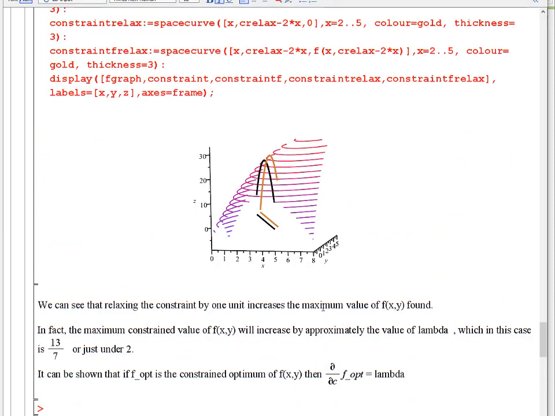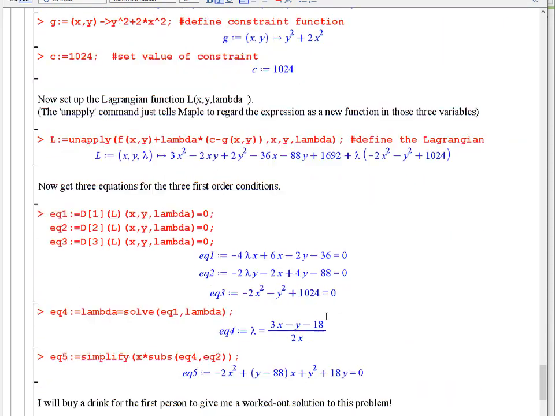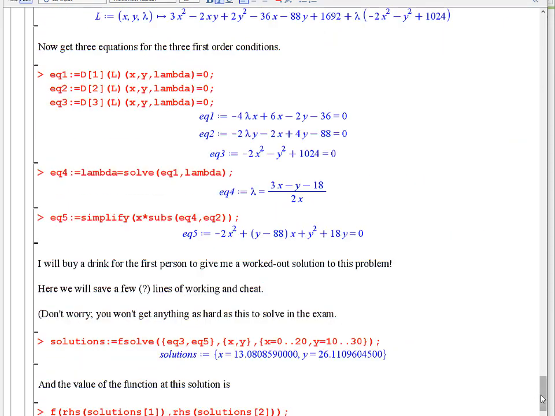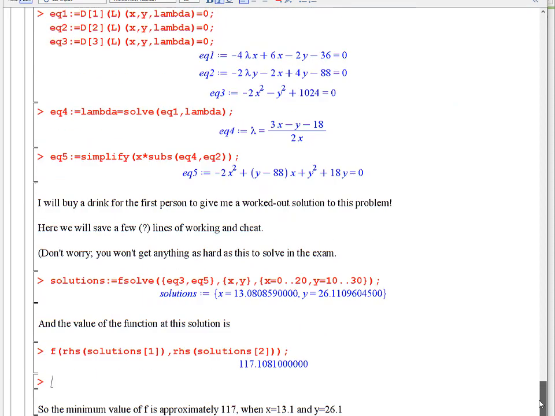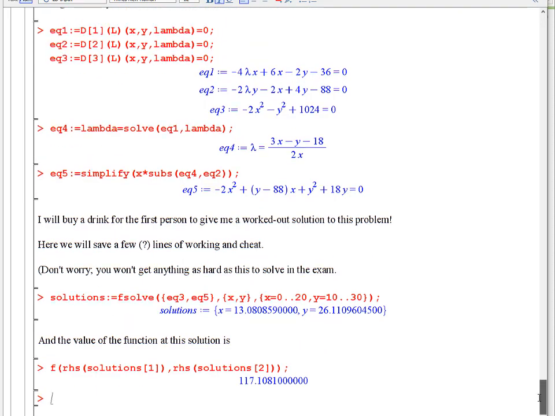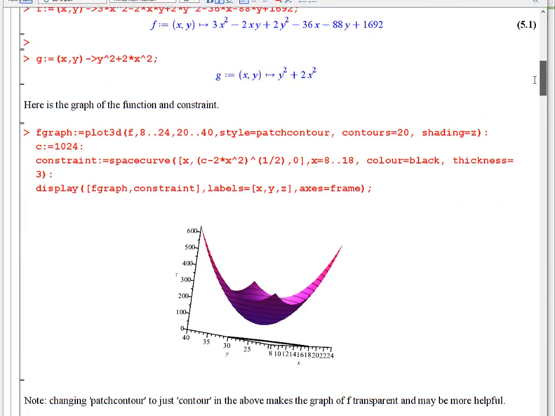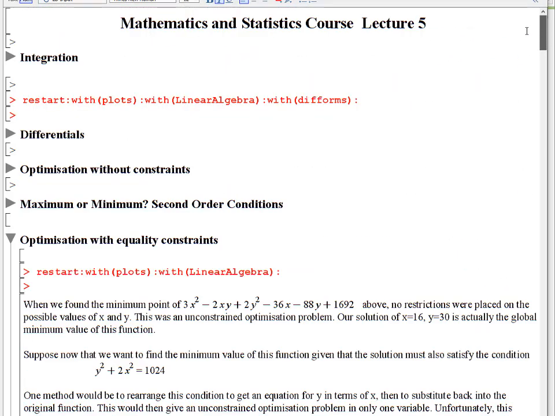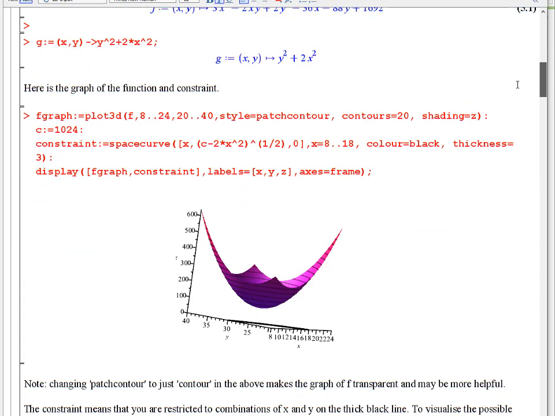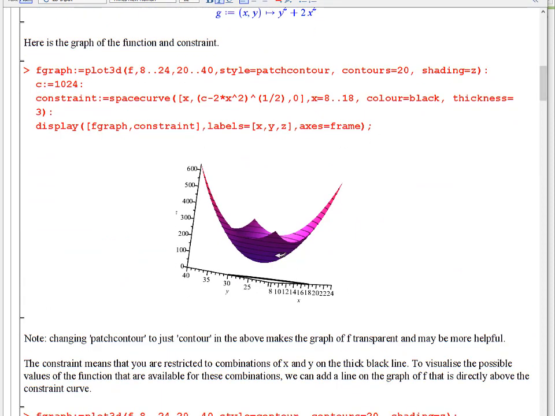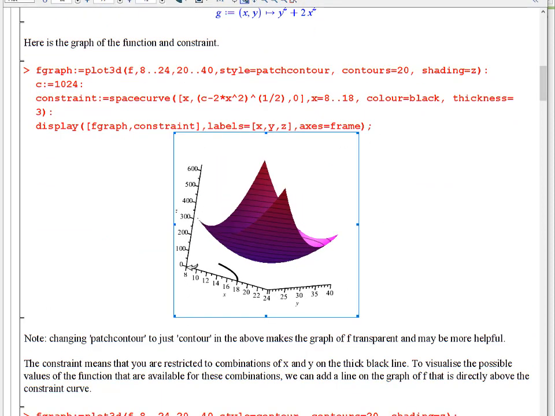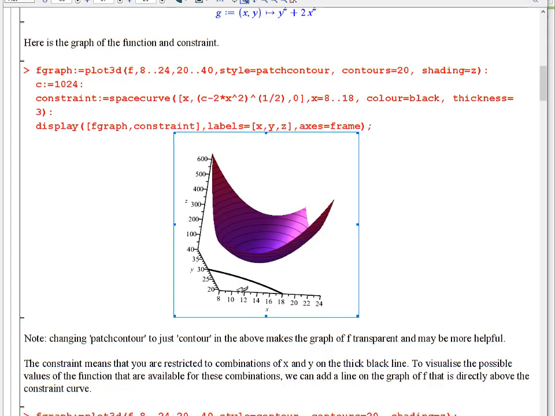So is that at all convincing? Where is it? So I have to remember that: 13, 26 and 117. Yeah, so x is 13, y is 26, yeah, indeed there.